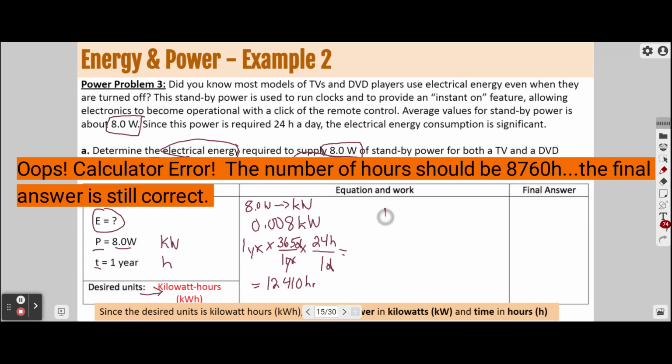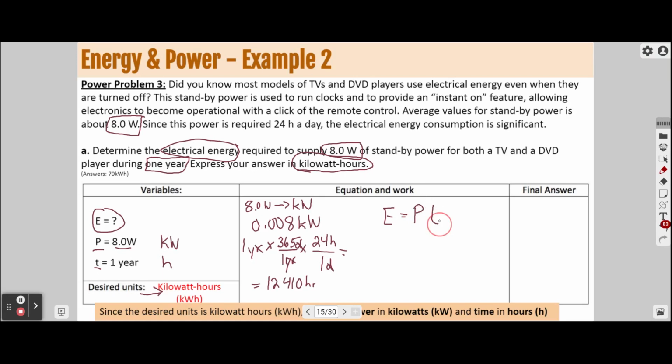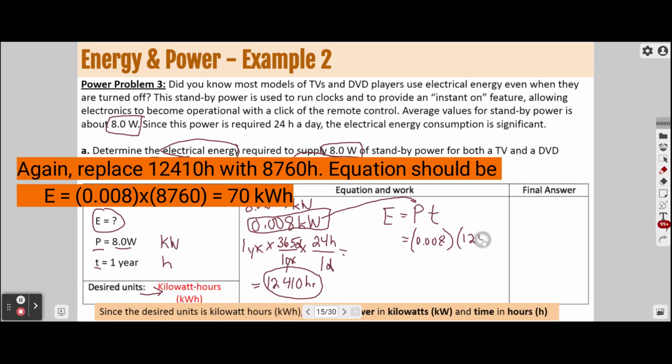So let's put in our formula. Energy is equal to power times time. Our power we just found, and remember we had to convert it so it was in kilowatts. So 0.008 kilowatts times our time, which we just found in hours, 12,410 hours.